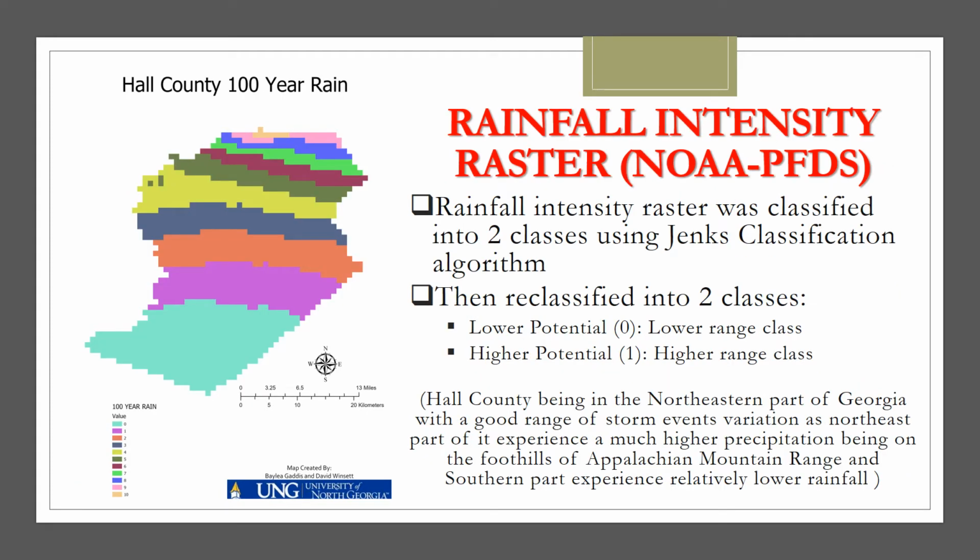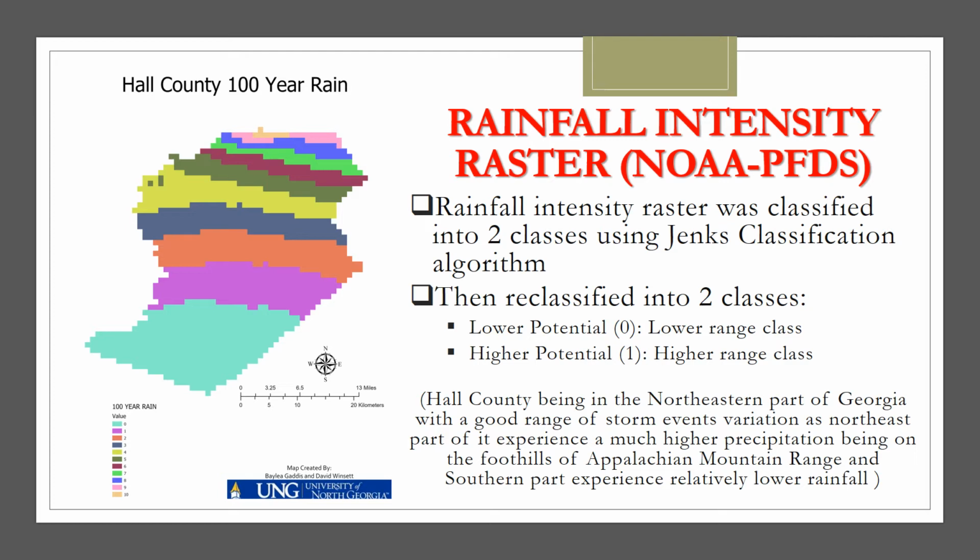And as we know, for flooding, rainfall or precipitation is one of the most important factors, I think. So we got the rainfall intensity data from the NOAA PFDS website, and we classified it into 2 classes. The lower range classes are low potential, because if the rain intensity is low, we will have a lower potential for flooding.